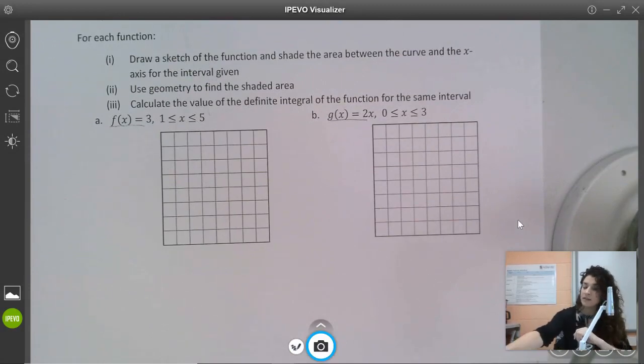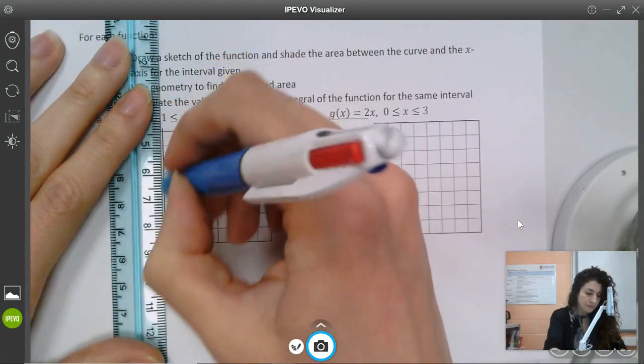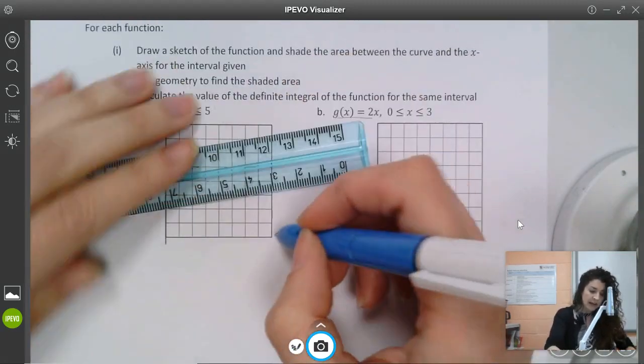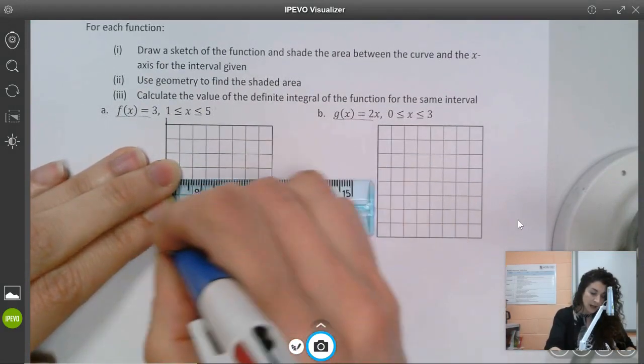So our first step is to just graph it. Remember that f of x equals 3, y equals 3, is just a horizontal line at 3.